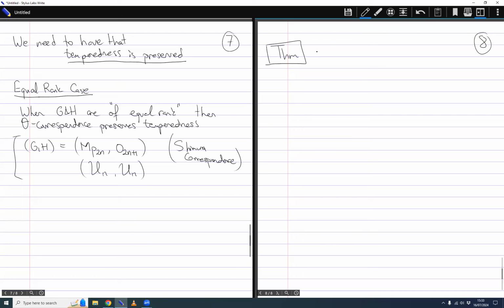We'll see. Right. So F non-Archimedean. G, H an equal rank pair, one of the two kinds of pairs that I just listed here. Then we can construct a C-star bimodule.